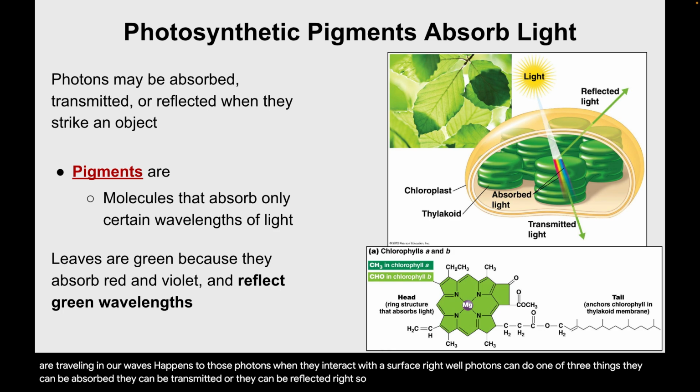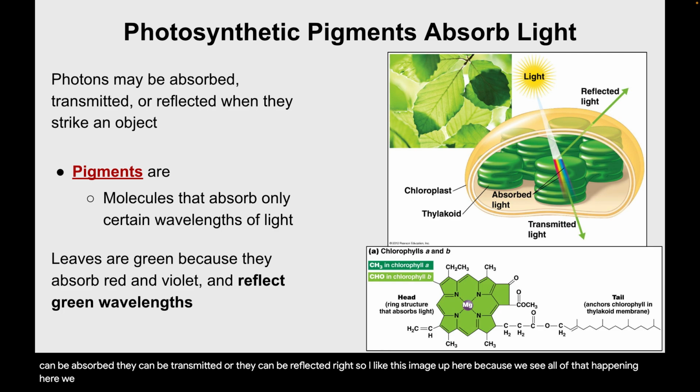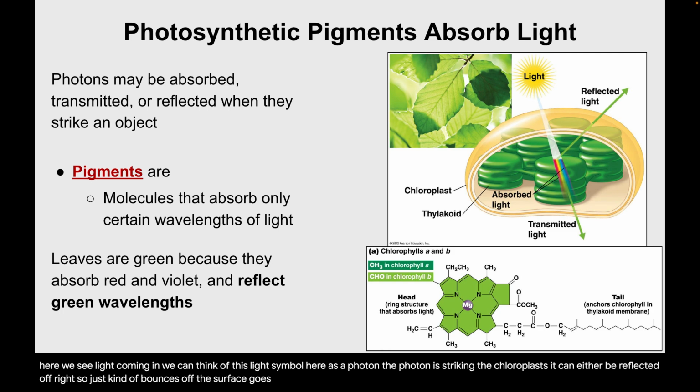I like this image up here because we see all of that happening. We see light coming in, and we can think of this light symbol as a photon. The photon is striking the chloroplast. It can be reflected off, so it just bounces off the surface and goes in a different direction.